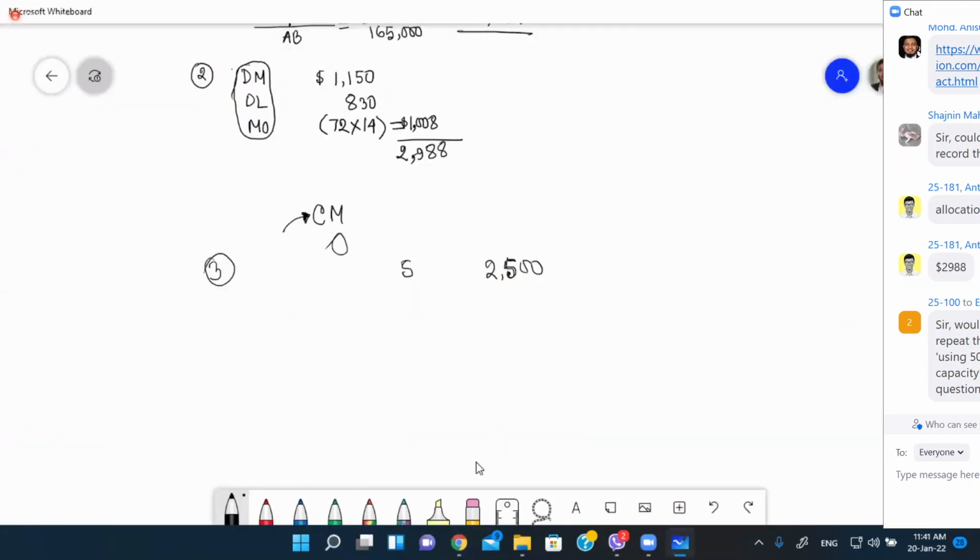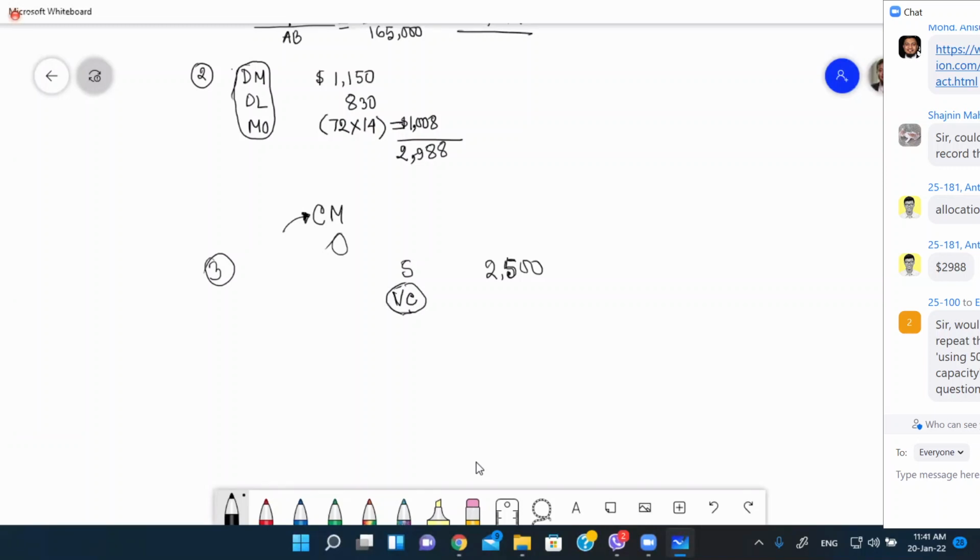For the purpose of contribution margin, which expenses should I take? All manufacturing expenses, or all the variable expenses, or all the variable cost? To be precise, it should be variable cost. For getting the contribution margin, we have to find out the variable cost.